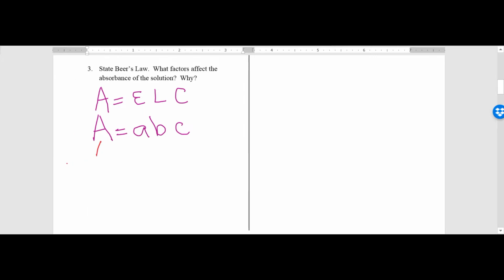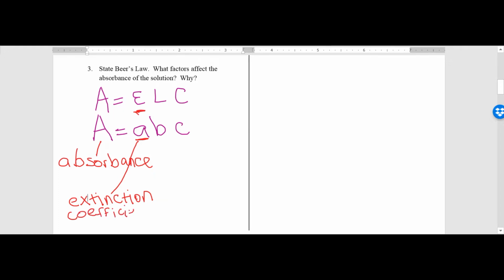All right, so let's go ahead and name each of these things. The big A is your absorbance. Your little a or your epsilon is called your extinction coefficient, or absorptivity constant.